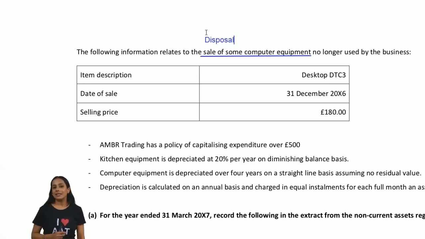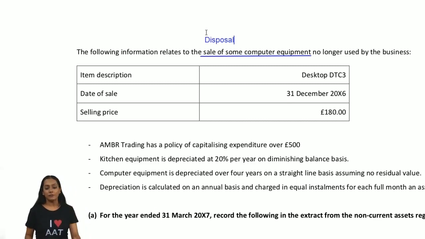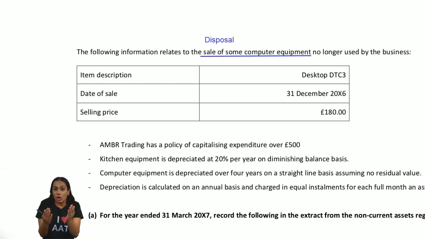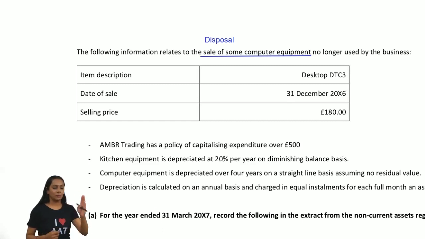Now, according to the examiner's reports, they love talking about the issue of disposals and how it can be shown as an actual item on the non-current assets register, and as well as you could be tested on the journal entries required to place it into the PPE accounts, the disposals accounts, and any accumulated depreciation ledger accounts.